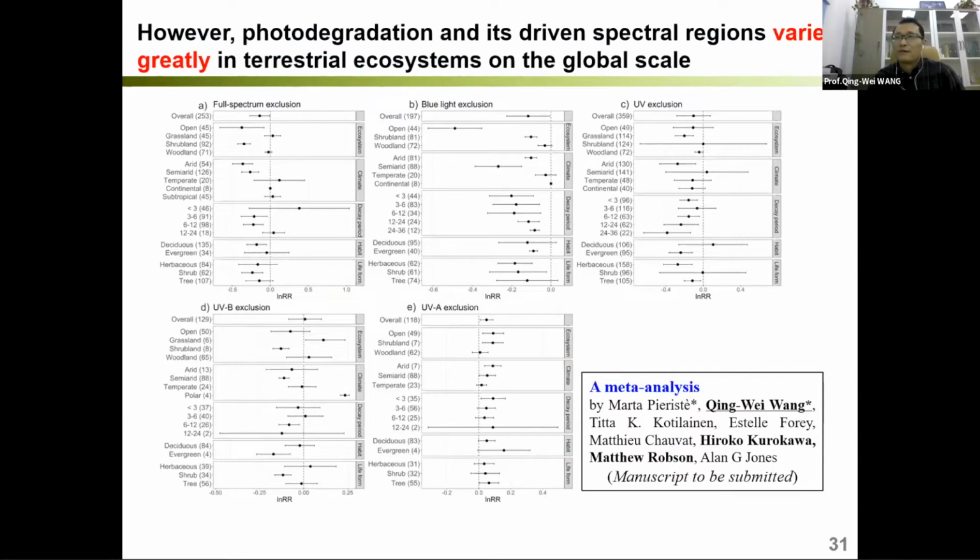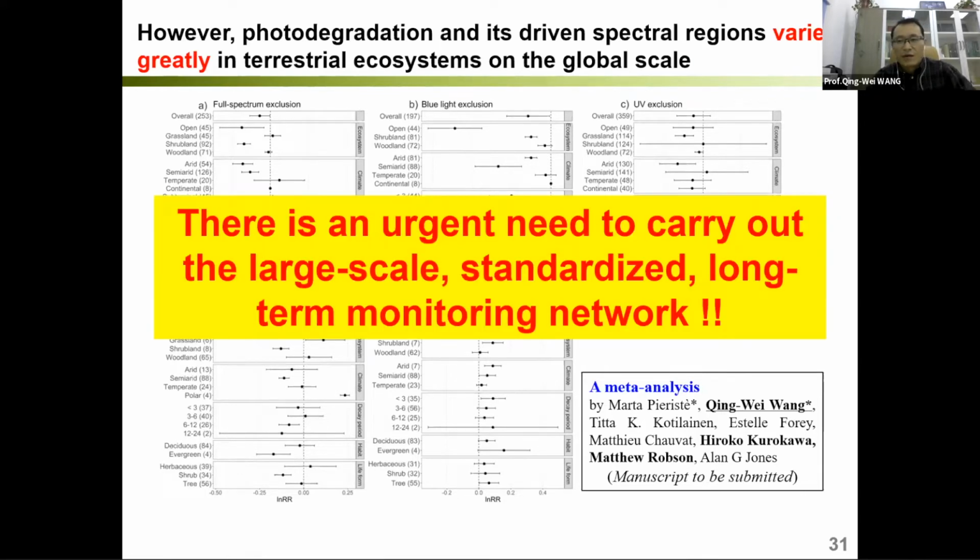However, photodegradation and its spectral range varied greatly in temperate terrestrial ecosystems. We find the reason is heterogeneous methodology, data materials, and environment. So there's an urgent need to carry out a large-scale standardized long-term monitoring network.